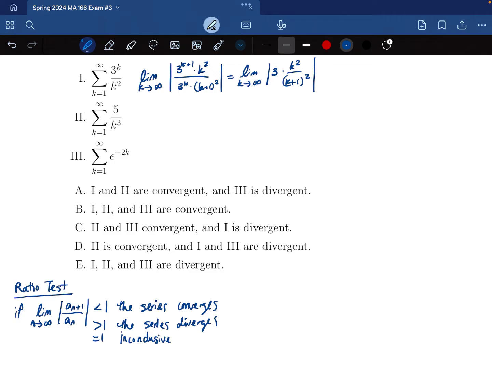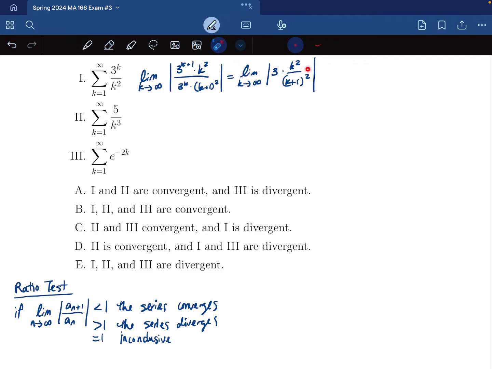Alright, so now we just have to evaluate this limit, and we have our constant 3 up in front being multiplied, and essentially all we care about now is this k squared over (k plus 1) squared. Well, the only thing that really matters when we have the ratio of two polynomials is the term with the greatest degree in the numerator and in the denominator.